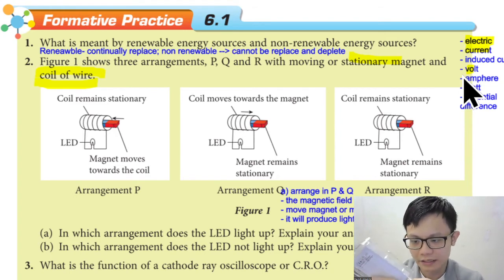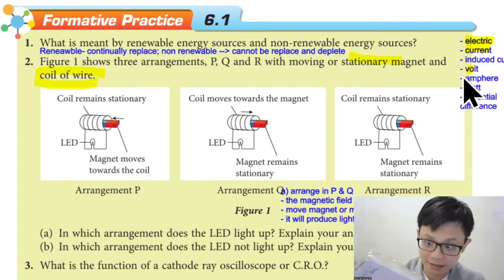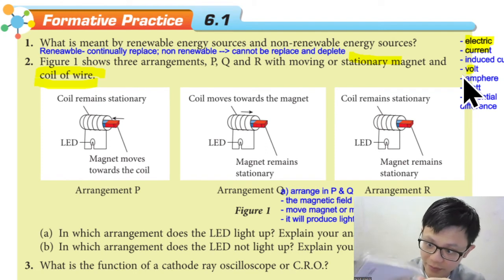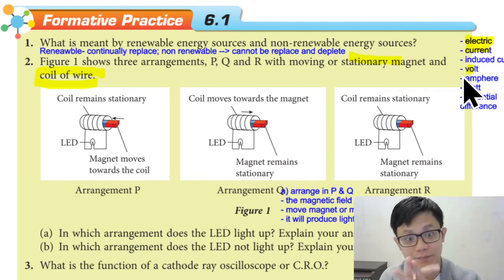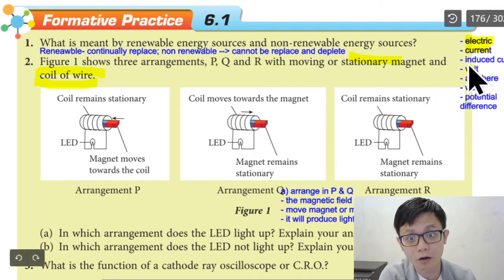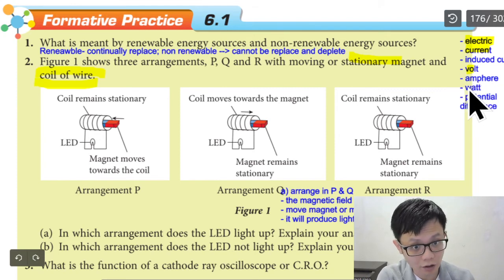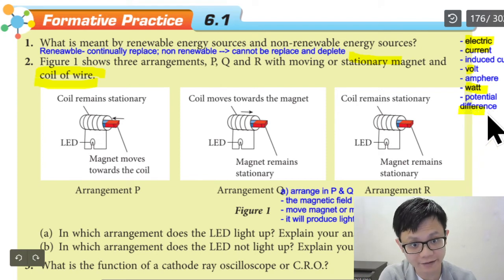So it's actually the same thing, only it carries more meaning. Because current times volt gives watt, another unit, and then one more is the time, kilowatt per hour.